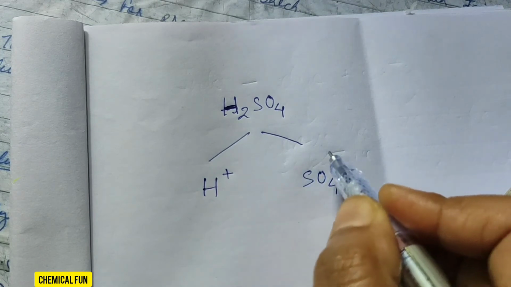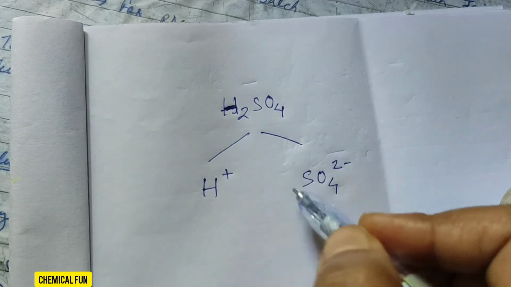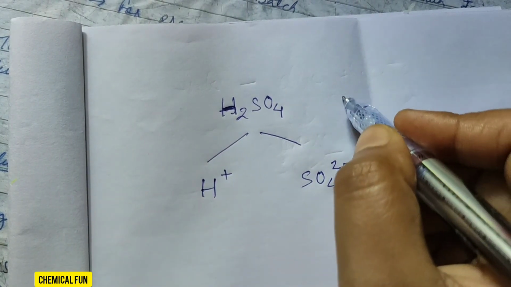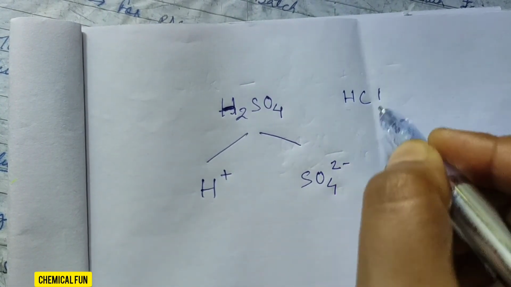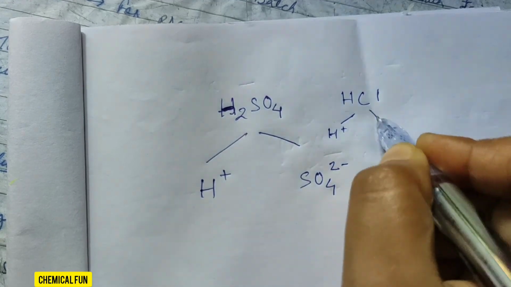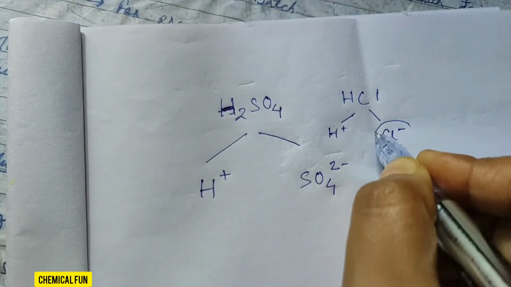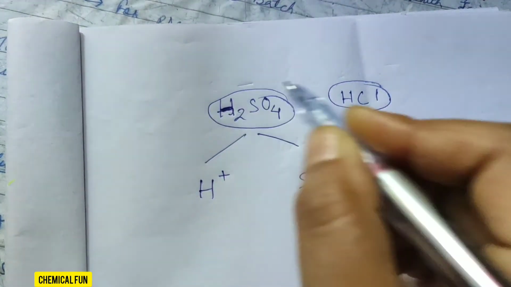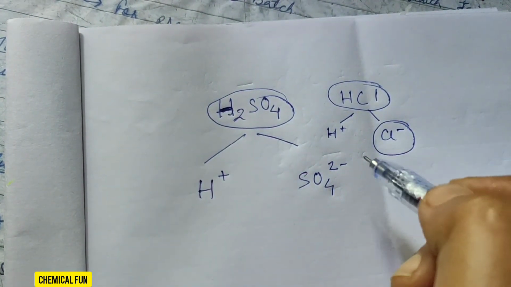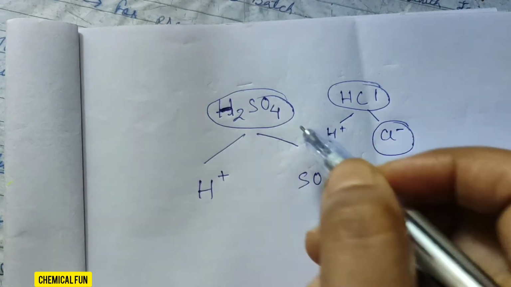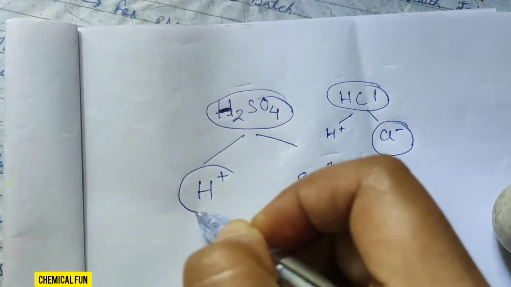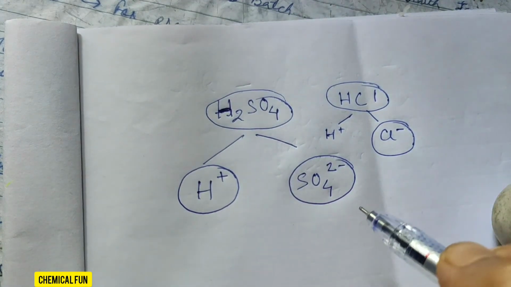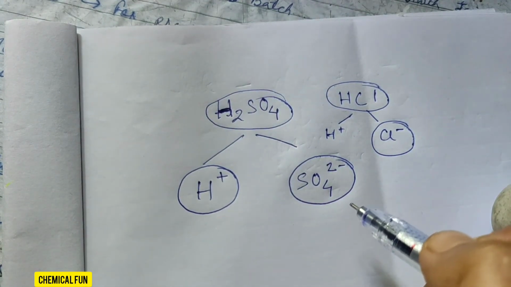The anion depends upon what kind of acid you are taking. If you are taking HCl, then it will give H positive and Cl negative. Here, since we have taken H2SO4, the cation forming is H positive and the anion forming is SO4 2 negative, sulfate.